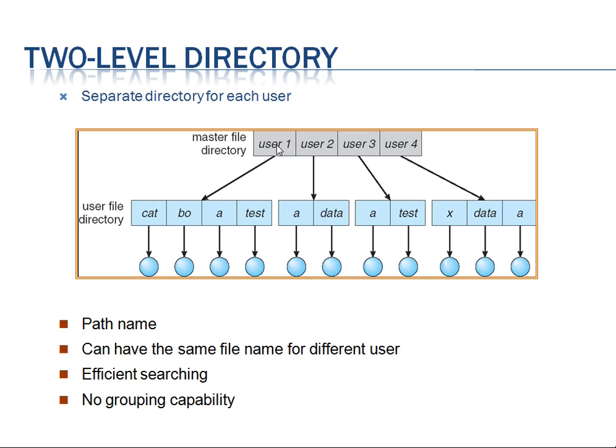From user 1, if you are going towards a particular directory, it will have a path sequence that leads to the final file. Now the file name can be the same for different users, but since we are using the complete path here, it will never conflict.